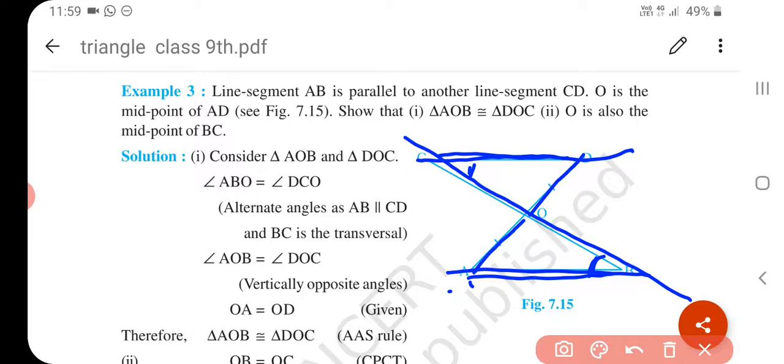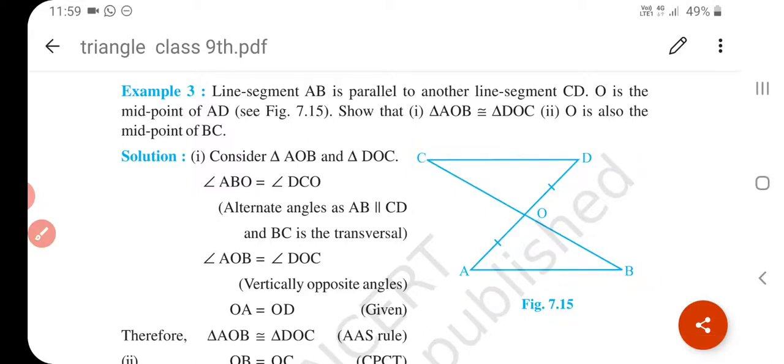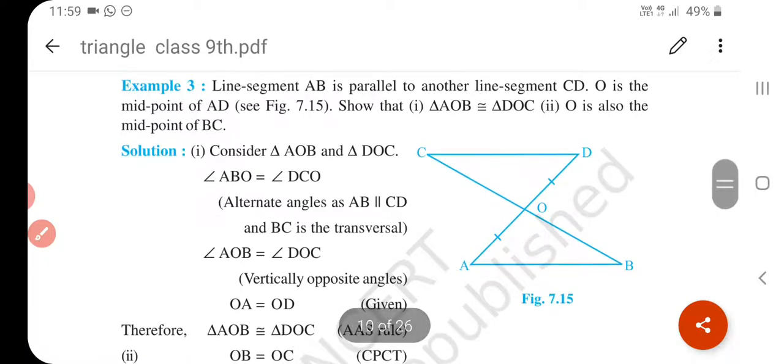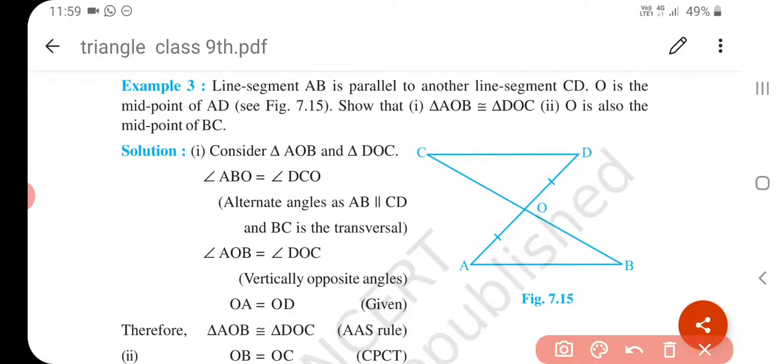Alternate angles of two lines, that is, AB is parallel to CD is given and BC is the transversal. So we can say that it's an alternate angle. So angle C is equal to angle B. Okay, understand? Now these two angles are equal because these are vertically opposite angles.